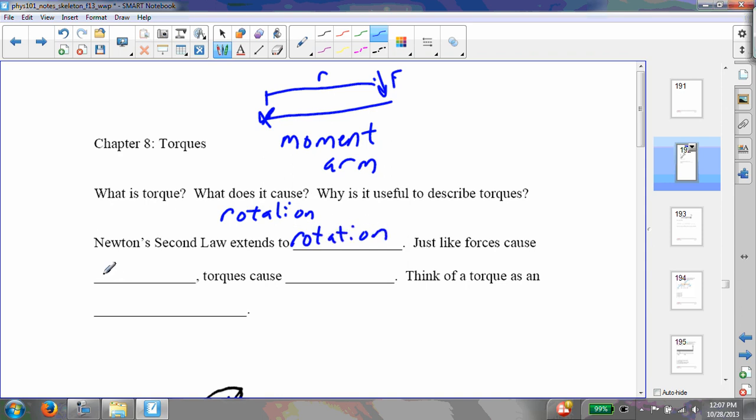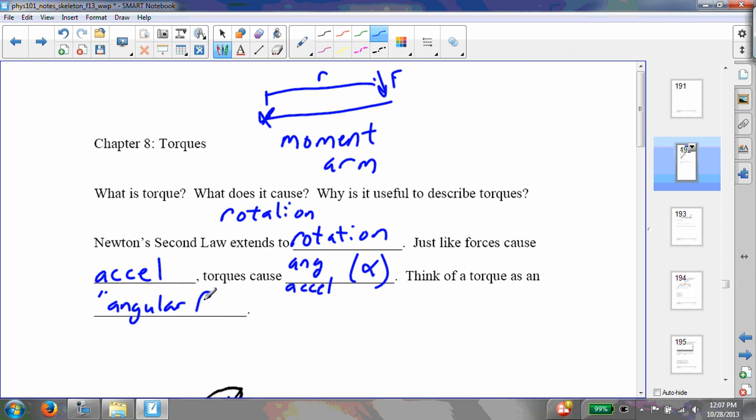And just like forces cause acceleration, torques now cause angular acceleration. And if you remember, the value that we have for that is alpha. And so you can think of a torque then as an angular force of sorts.